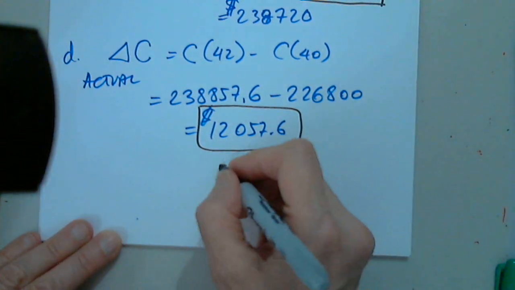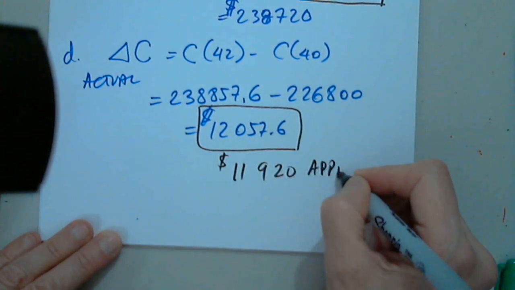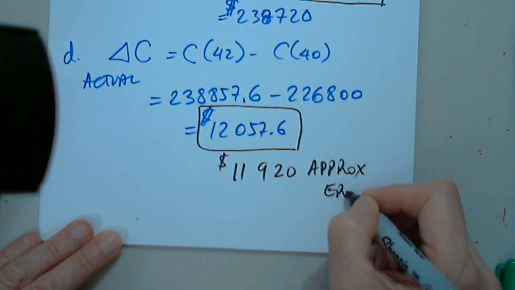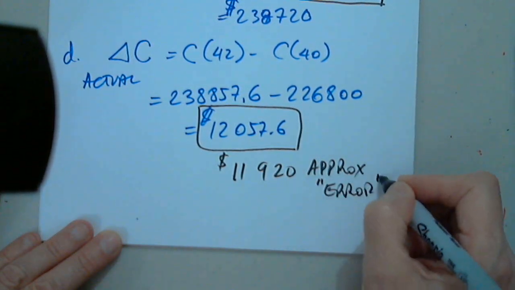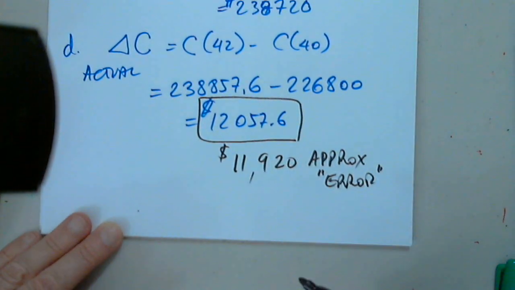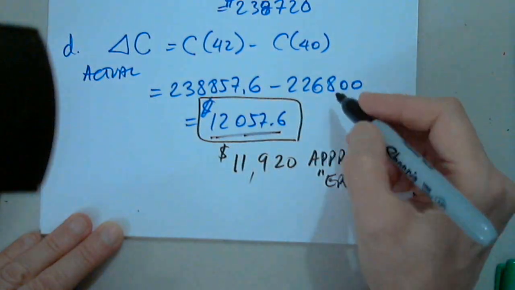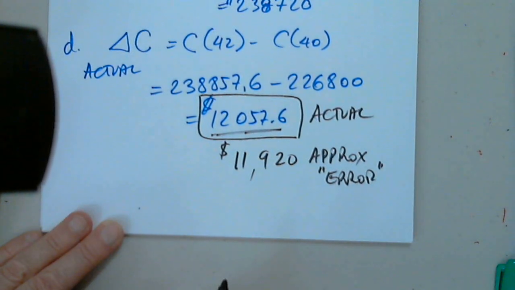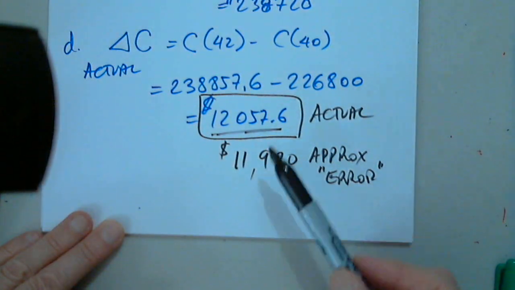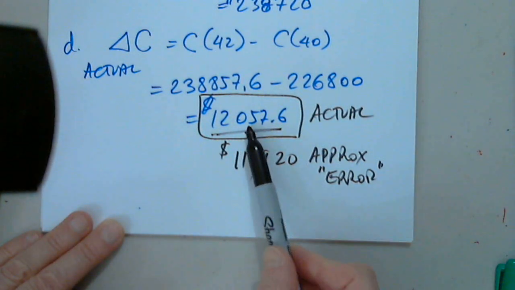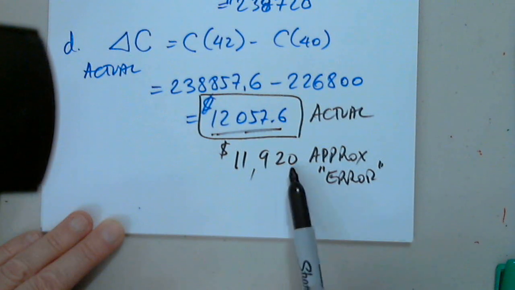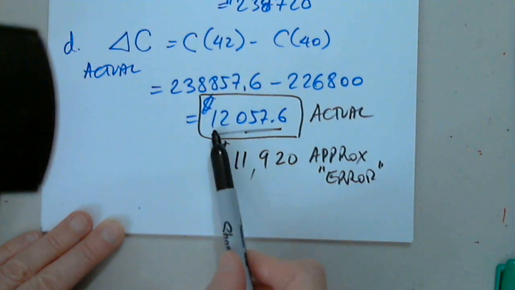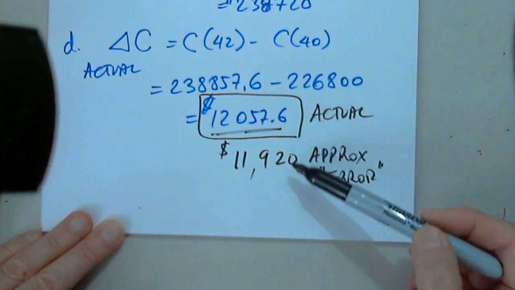So this is the approximate error, so to speak, additional cost. This is the actual, if we are using the function, not the derivative. But this is quite close. 11,920 and 12,057, they're quite close.